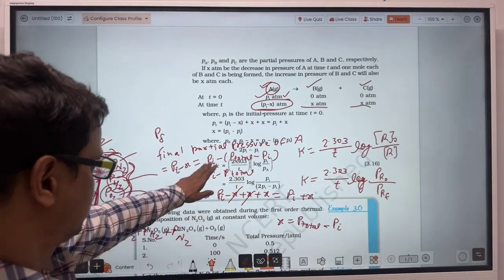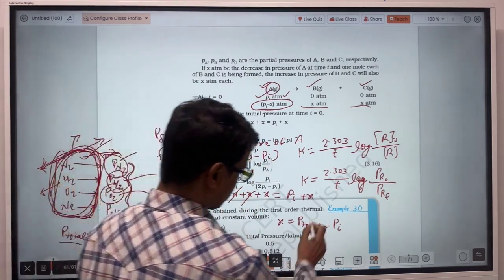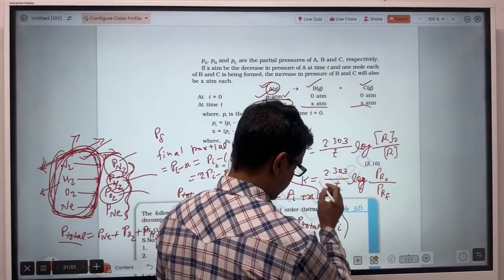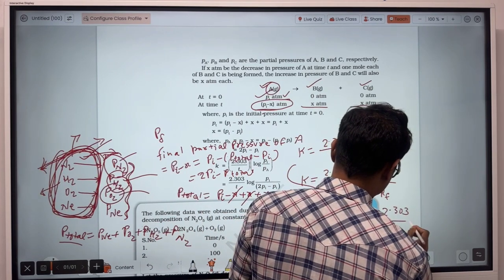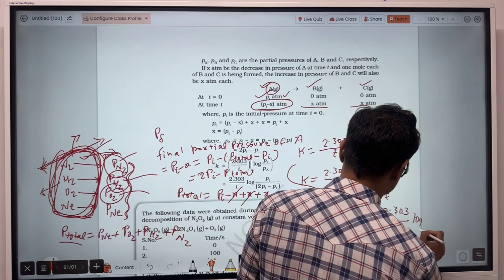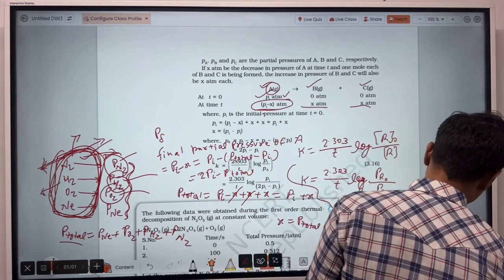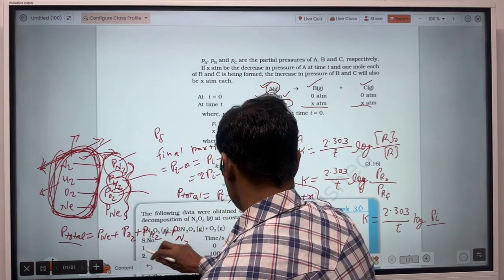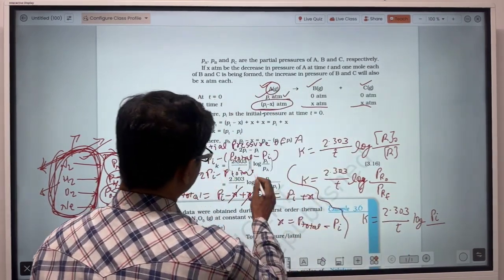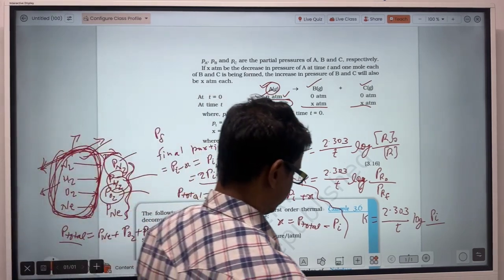So that's why, in terms of total pressure, K at this instant will be equal to 2.303 upon T log of the initial partial pressure of A, that means Pi, upon the final partial pressure of A. And the final partial pressure we have calculated as 2Pi minus P total.